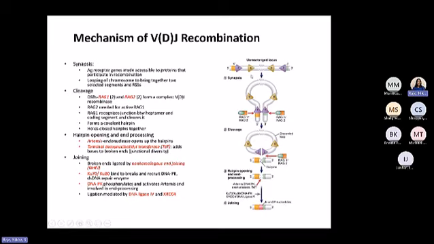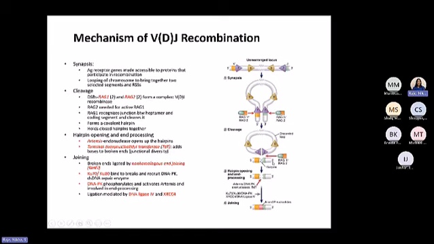So what did we see? Recombination occurs where the segments come close to each other, which is called synapsis. At those nonamer and recombining segment edges are the proteins or enzymes called RAG1 and RAG2 that make a break.